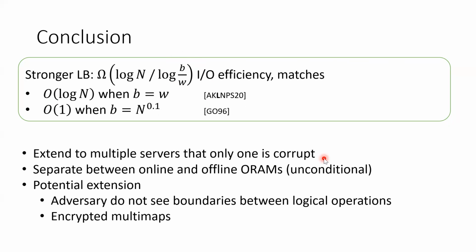And our technique is extensible to other more involved settings, and we have some unconditional separation between different settings of ORAM, and our technique is also potentially extensible to other settings where there are previous works extending the work of Larson and Nielsen. Now we improve the Larson and Nielsen, so we have potential to improve other works as well.